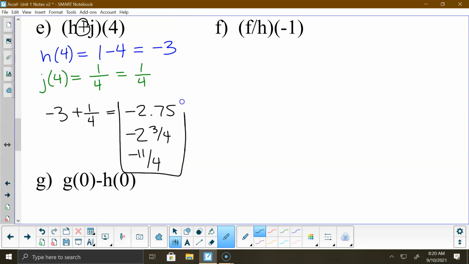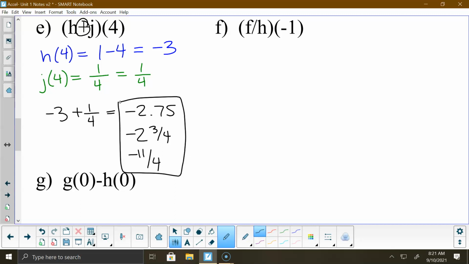They're all the same. I always recommend to kids, instead of trying to find what the function should be when I add them together, plug it in first, then add them, or divide them, or subtract them. It just makes life a heck of a lot easier.